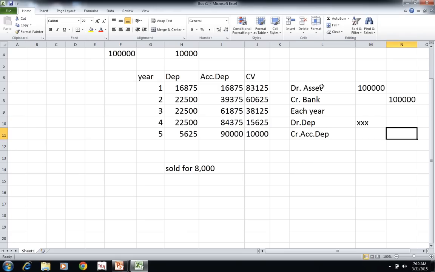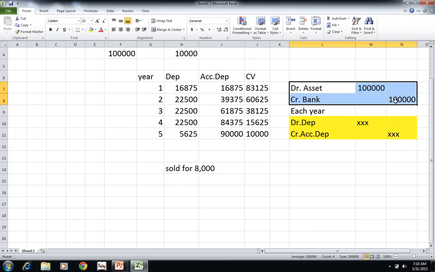Each year, some amount. Third year, 22,500. Fourth year, 22,500. Fifth year, 5,625. This is the recurring entry. This is the purchase entry.